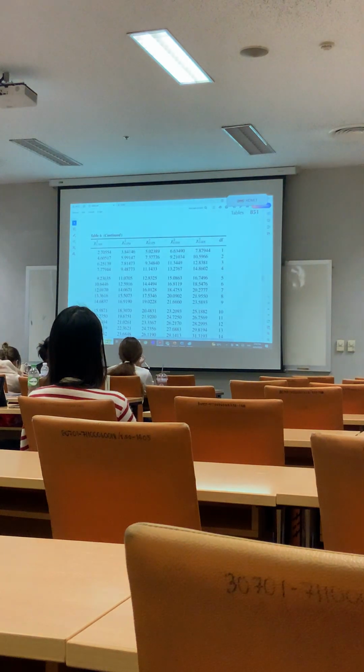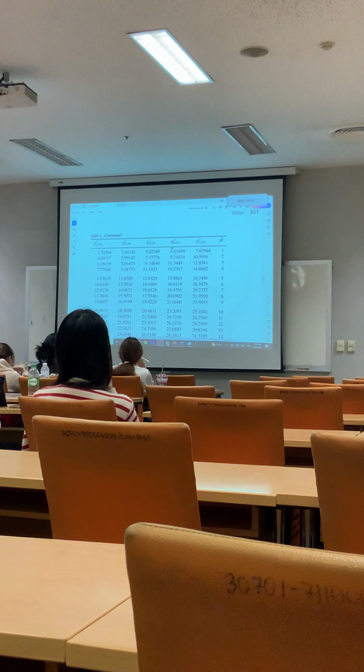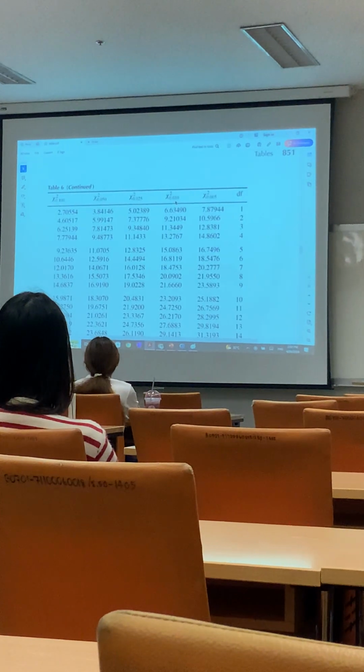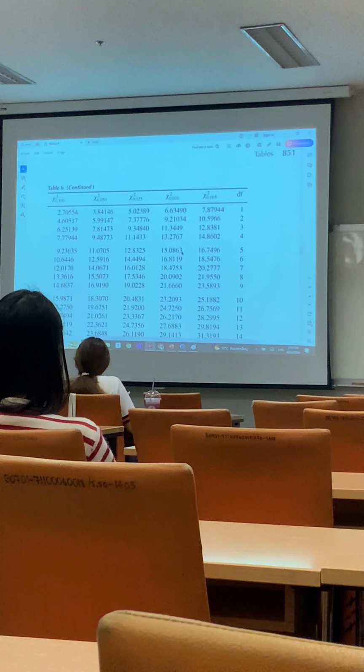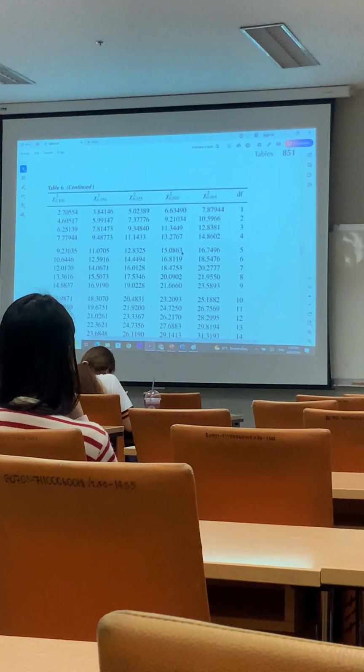I'm going to use the second table. I want 1%, so that will be my 0.01 column. And the degree of freedom is 5, so the value will be this one, 15.0863. So I can read that off the table.